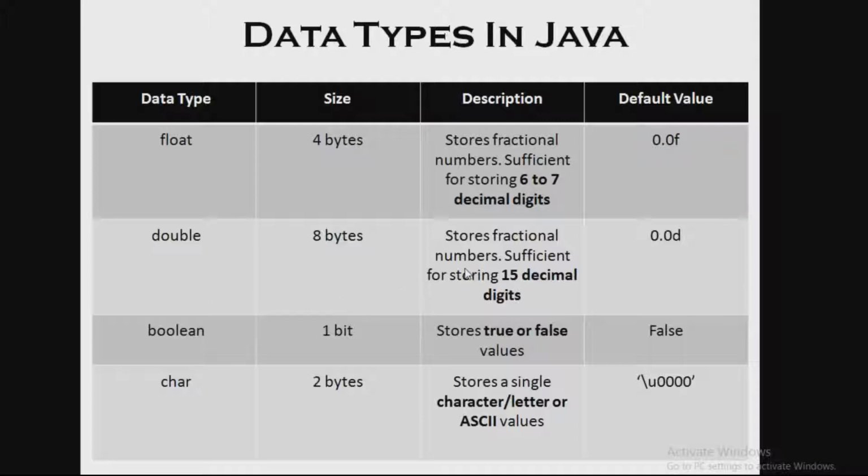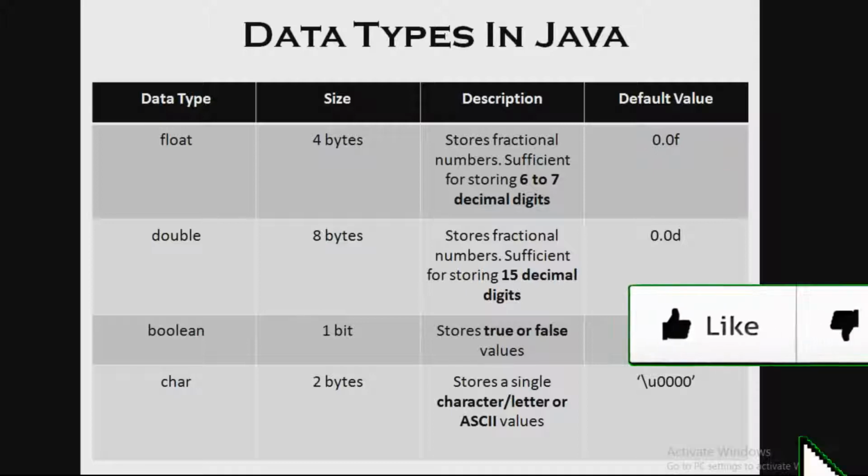It is also a decimal number, but here we will have up to 15 decimal digits after the dot operator. That's the difference between float and double. In float we can have 6 to 7, but in double we can have up to 15, and the default value will be 0.0d.